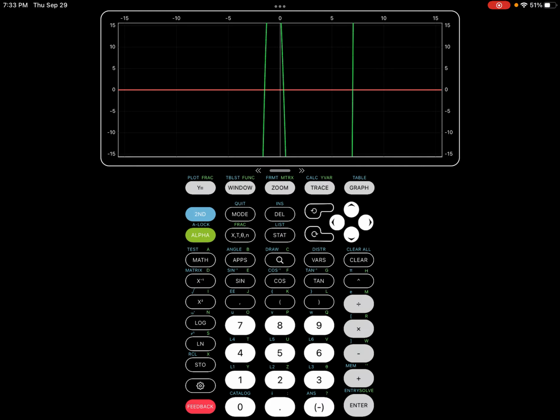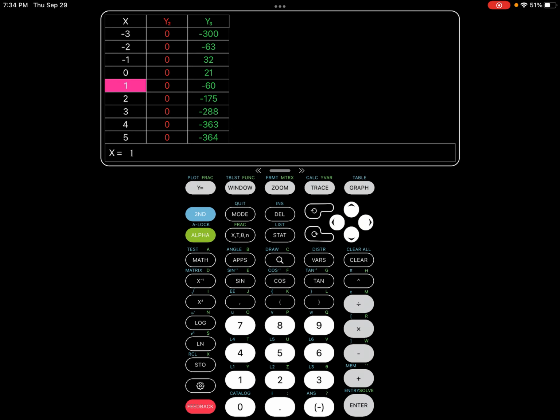Okay, now, only one of those solutions is at a nice number. So if we go to the table, we can figure that out. I'm looking at the Y3 column here now. When we go to the table, we're looking for that Y value of 0, and we see that that happens at x equals 7.